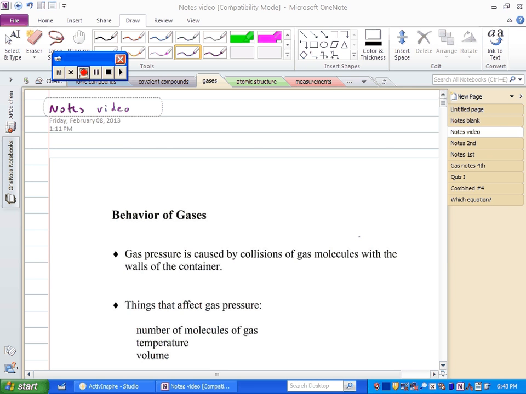Alright, this is our first section of notes on gases. You're familiar with gases as a state of matter, the one where the particles are far apart.